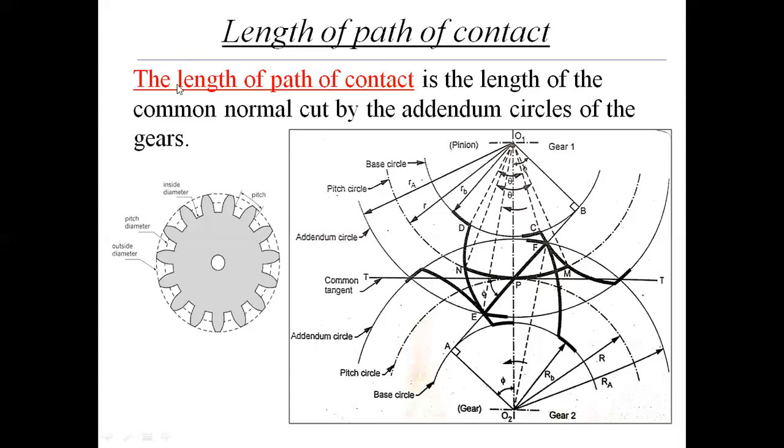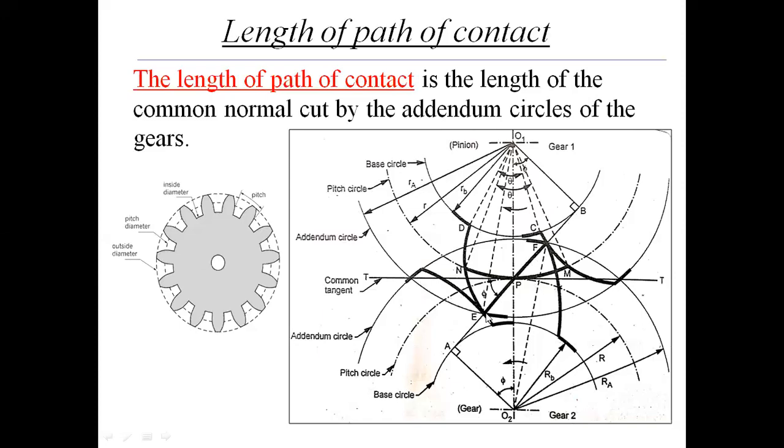In other words, the length of path of contact is the length of common normal cut by the addendum circles of both the gears. That means the common normal line AB is cut at points F and E.